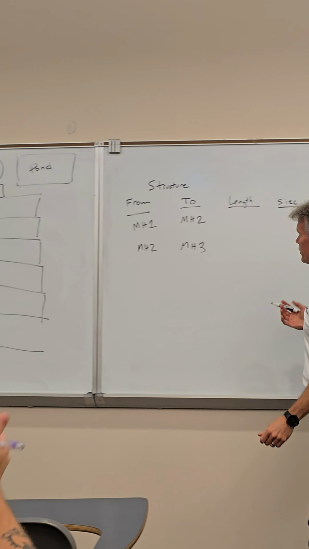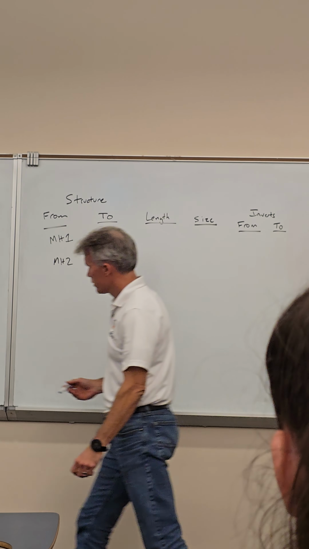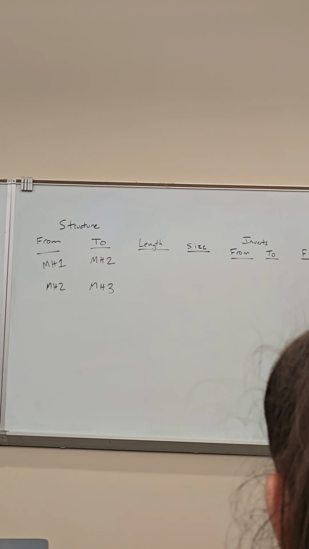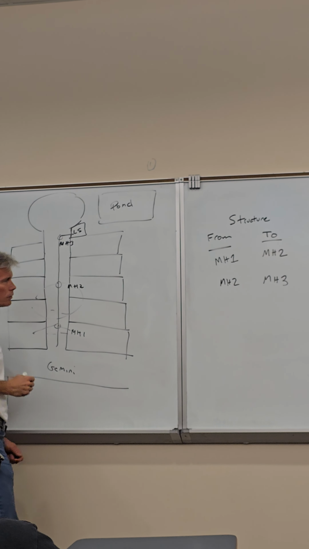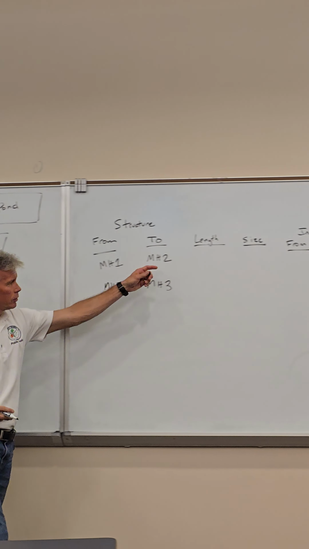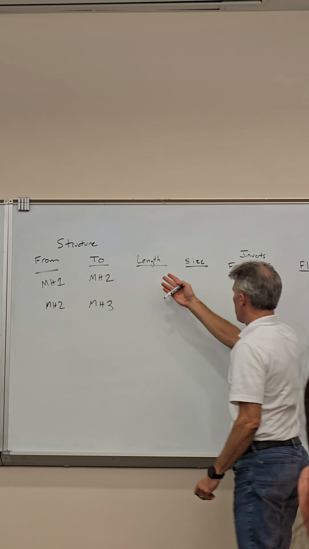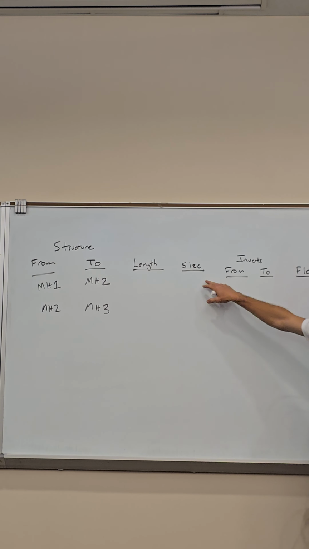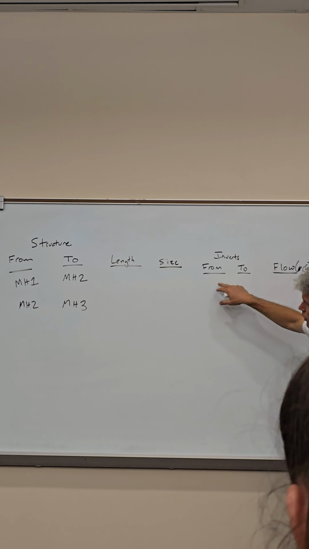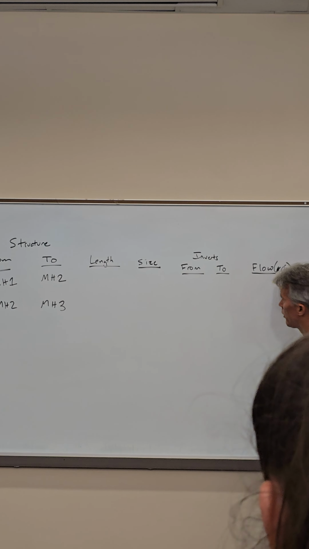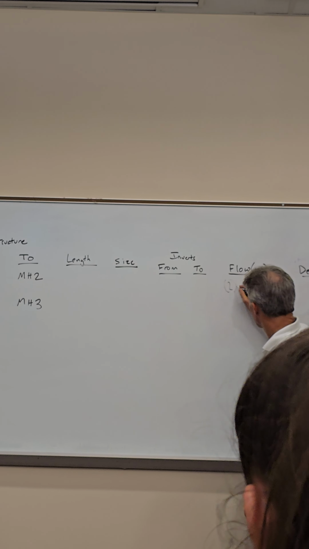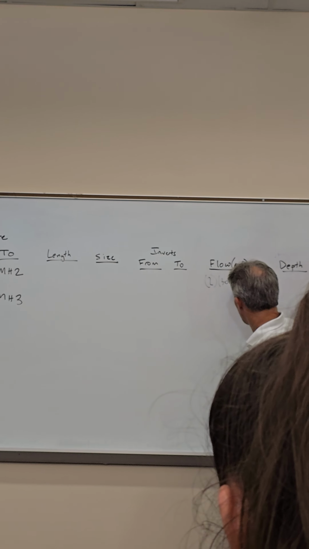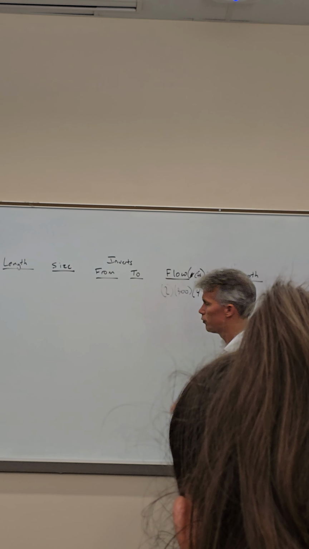I would create some sort of table like this. Let's call this manhole 1, manhole 2, manhole 3. So manhole 1 to manhole 2, you're gonna have a length. We're gonna figure out what the size is, figure out what your inverts are, but your flow in that first case is gonna be 2 units times 300 gallons per day times a peak factor of 4.